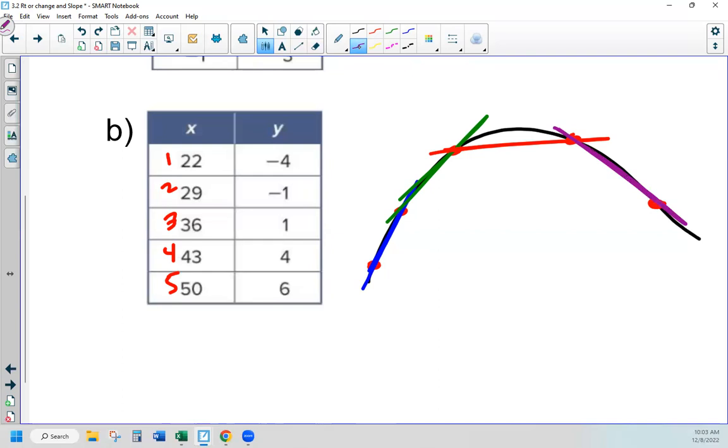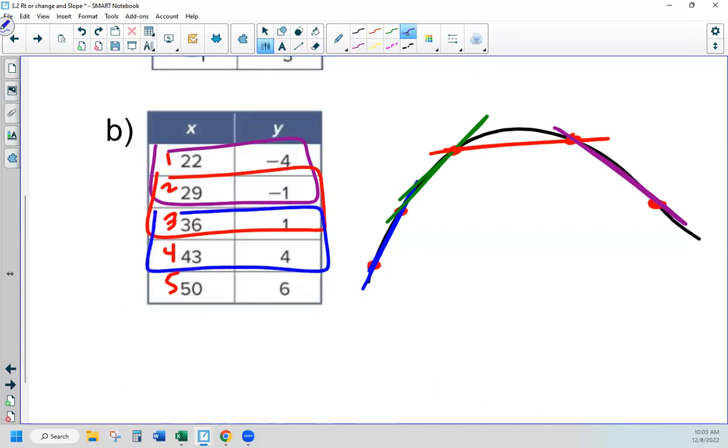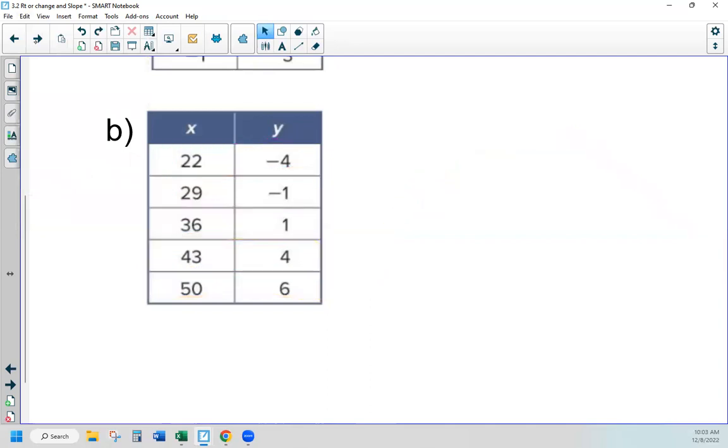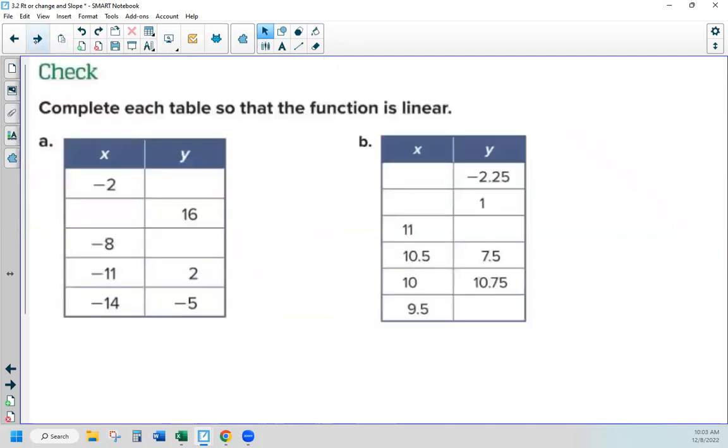So we could go in order and find the rate of change between these intervals like this. Notice that I'm overlapping colors because that's exactly what you would do. Okay, so we could, but right now it's saying only if it is linear, then find the rate of change, but it's not, so we're not finding it.